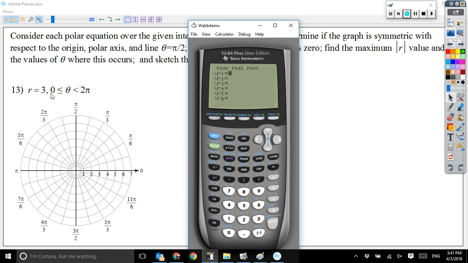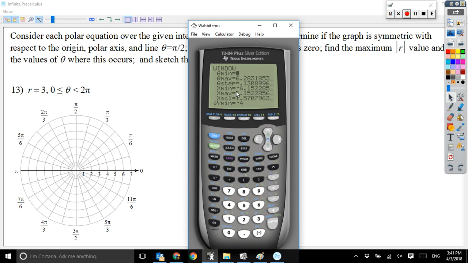It also tells me that theta is from 0 to 2 pi, and that's important because I'm going to go to my window and I'm going to say, alright, well, my theta min is 0, and then for theta max I'm going to type in 2 pi, and if I hit up arrow it automatically changes that to the decimal form of 2 pi.